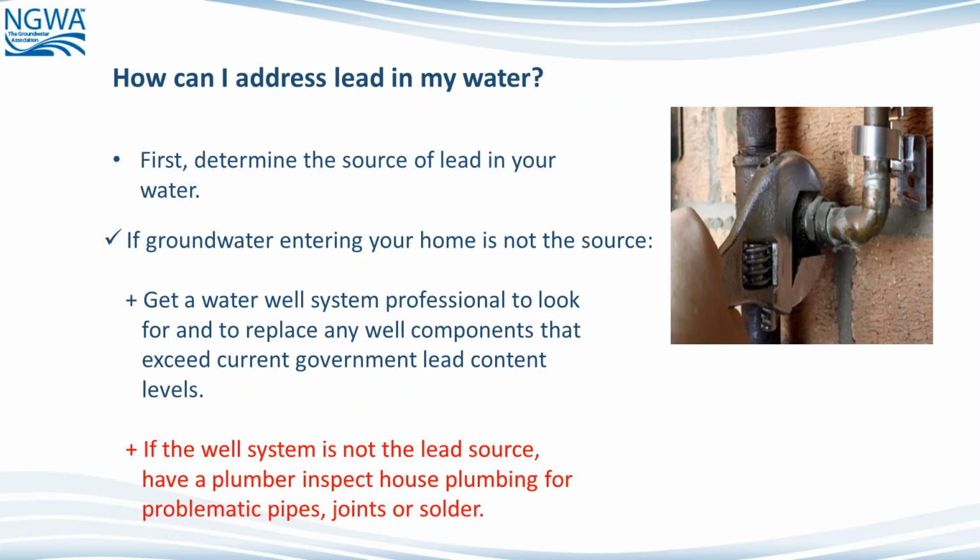If the well system is not the lead source, then you have to go inside the house and look for things like old soldered copper connections that may contain lead and which is leaching out into the water.